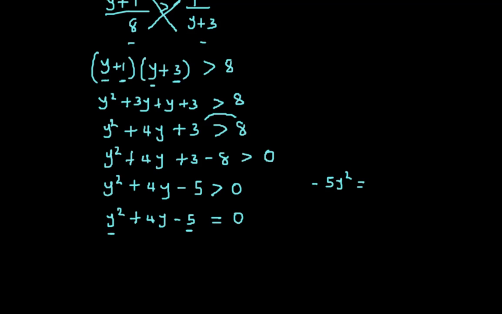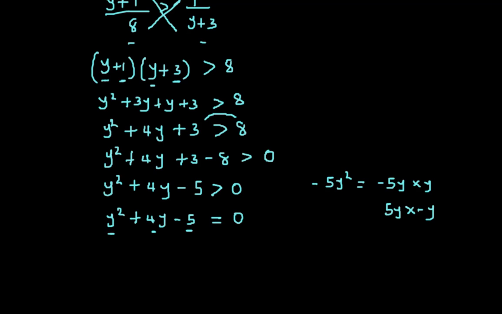Now we need to find the factors of minus 5y squared that when we add together we are going to get plus 4y. What are the factors of minus 5y squared? We can have minus 5y times y, and we can have 5y times minus y.